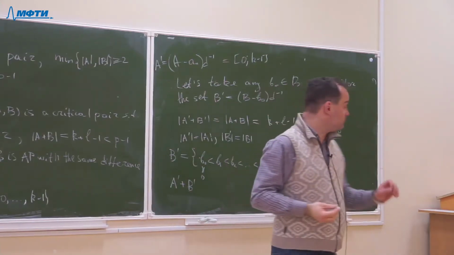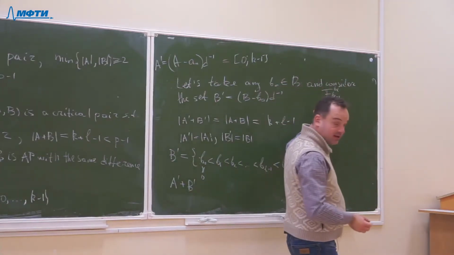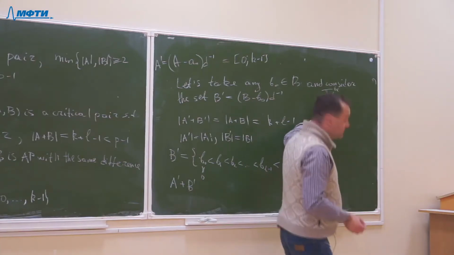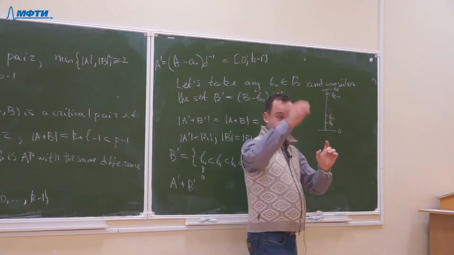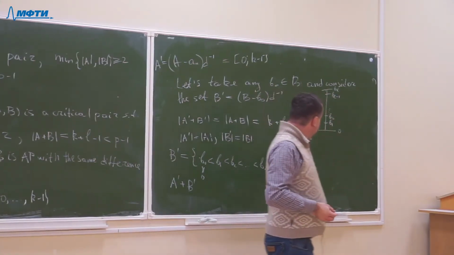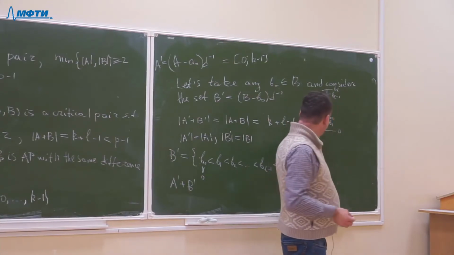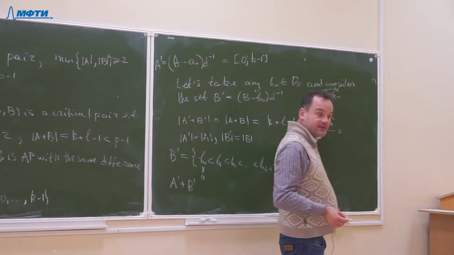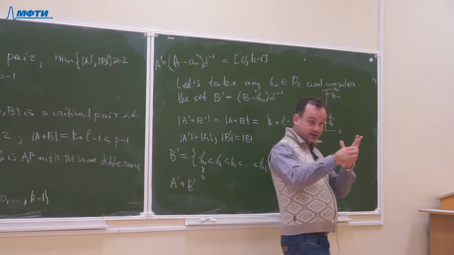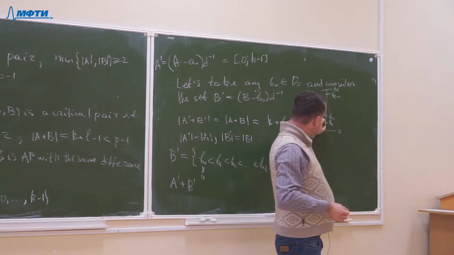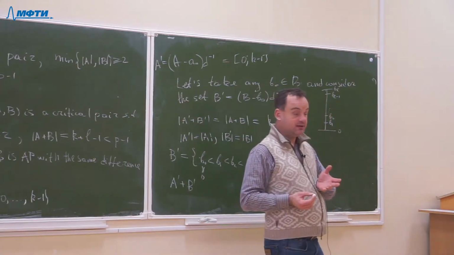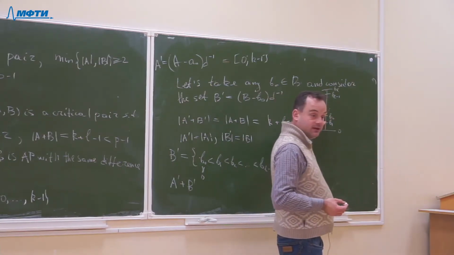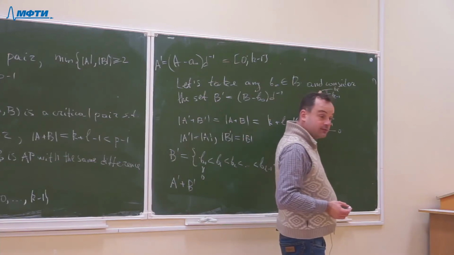We add to 0 the interval, to B1 the interval 0 to k minus 1, to B2 the interval from 0 to k minus 1, and what we get? We get part of the interval between 0 and B1, either part or the whole interval, right? If these sums intersect, we have two representations.